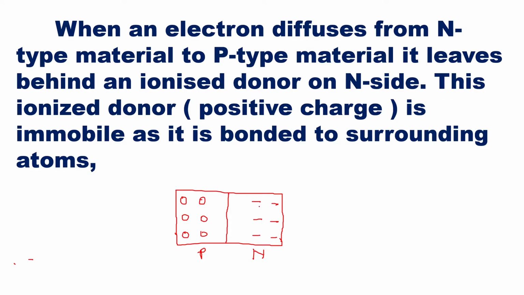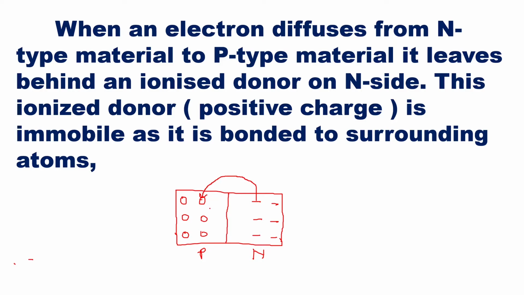And as we said in the first step, the electrons, which are negative charge particles, will be attracted and get diffused. They move into the P-type semiconductor and combine with holes. Now this is what we have told in the first step.